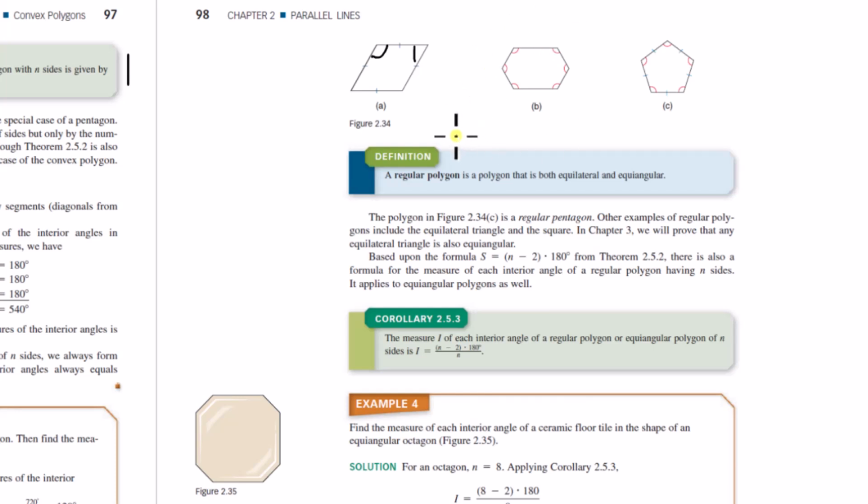If you know all of the angles of a polygon are the same measure, and you have a formula that gives you the sum of the interior angles of any polygon, then you just take this and divide it by the number of angles, which is the number of side lengths. So yeah, that's a corollary for the angle measure of an equal angular or regular polygon.